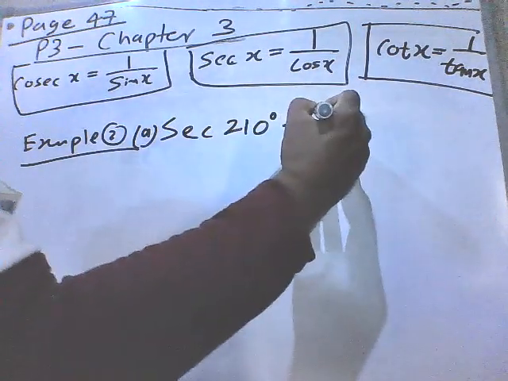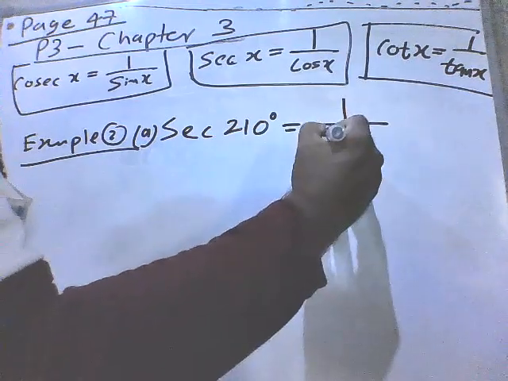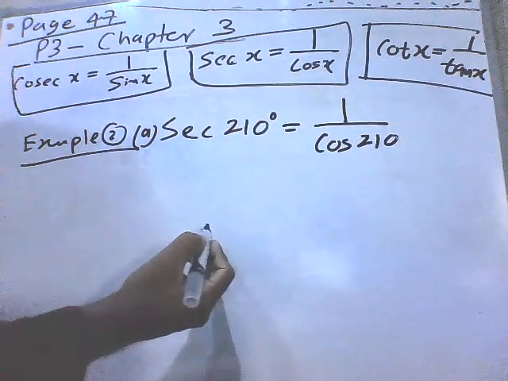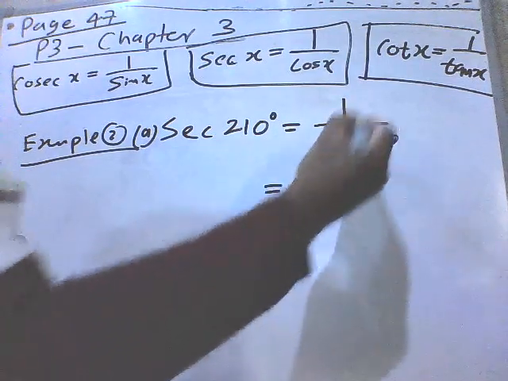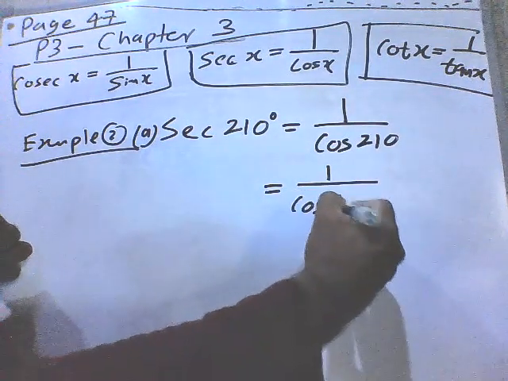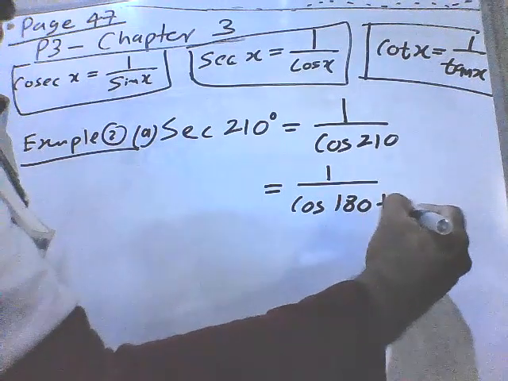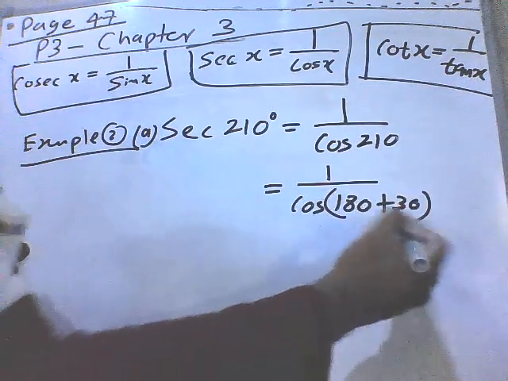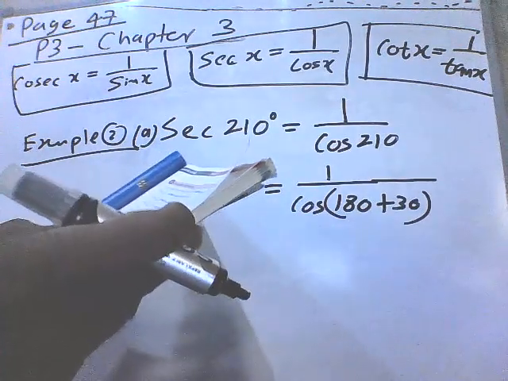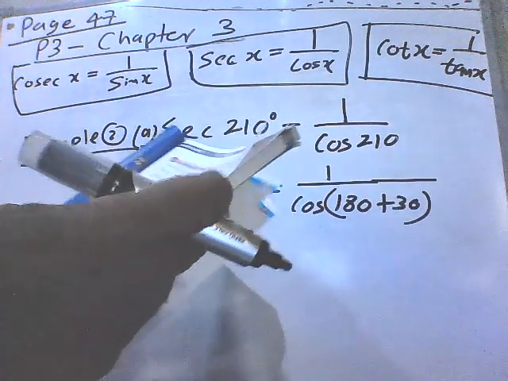So I will write it. This is equal to 1 over cos 210, and that we can write as 1 over cos of 180 plus 30. When you get this kind of thing, you should know to find the exact value. They say work out the exact values.